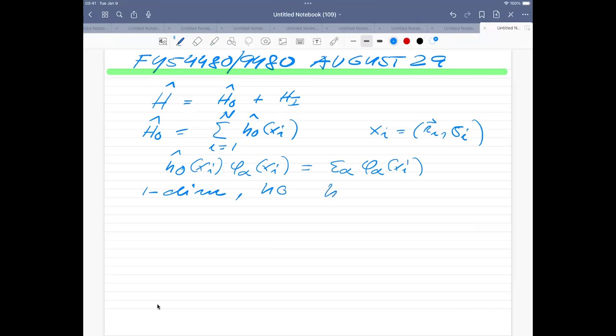Then this operator H0 of x of i is now given by minus h squared over 2m. And now I hope you can forgive me if I use x here, because this is now the spatial degree of freedom. This Hamiltonian doesn't have a spin dependence, but just keep that in mind.